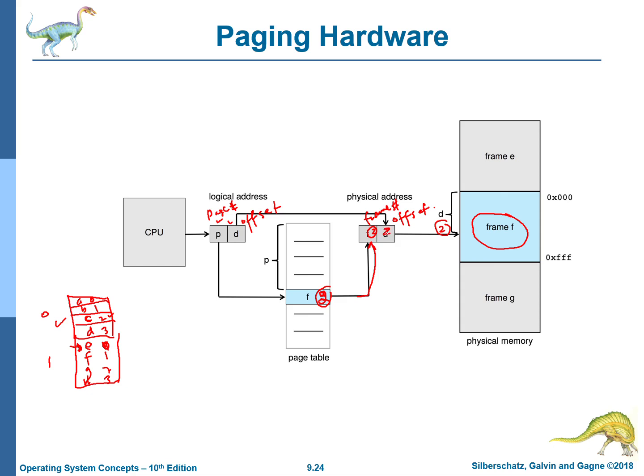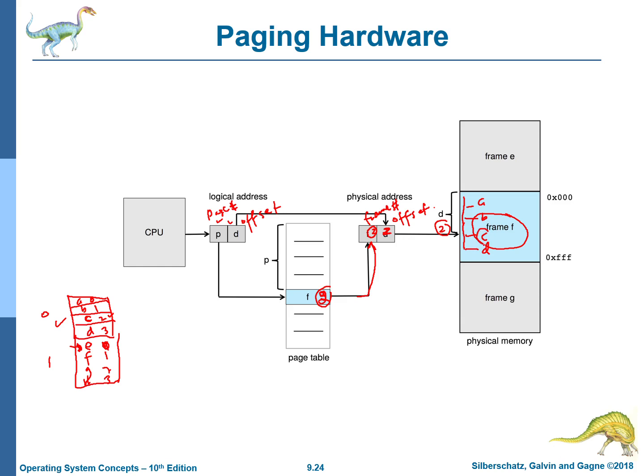This will help to map the logical address into the physical address with the help of the frame number and the offset. Here we have A, then B, then C, and then D.